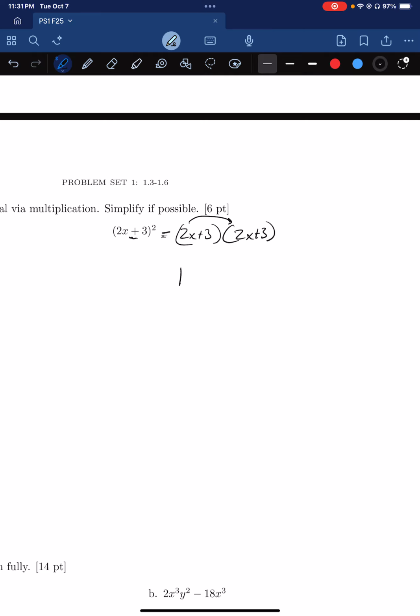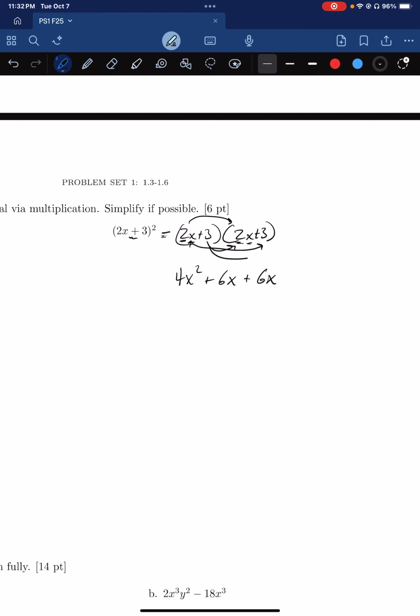So first we get 4x squared because we multiply the coefficients as well as the variable to get 4x squared. Then we do outer, 2x and 3 to get 6x. Notice the x comes along for the ride. 3 times 2x is going to be the same as 2x times 3, which was 6x.